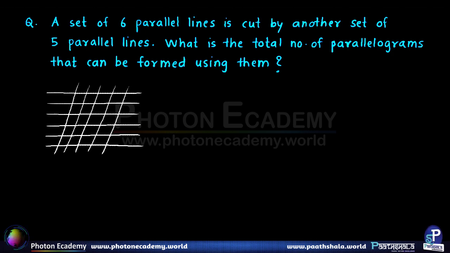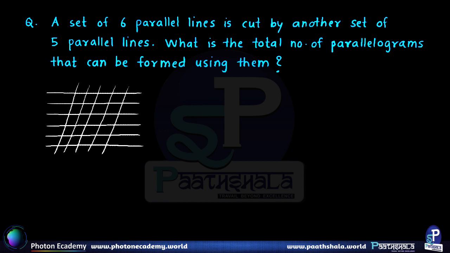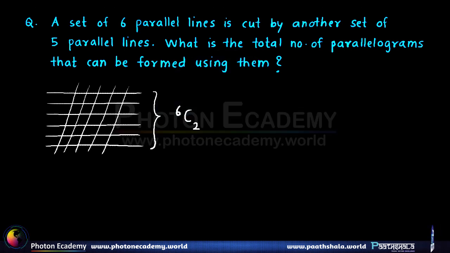And now you can see that various different parallelograms can be formed by considering different pairs of lines from both the sets. So if we see, out of the first set we need to select any 2, which can be done in 6C2 ways. And out of the second set of 5 lines, once again we want any 2 lines which can serve as the opposite sides, which can be done in 5C2 ways.